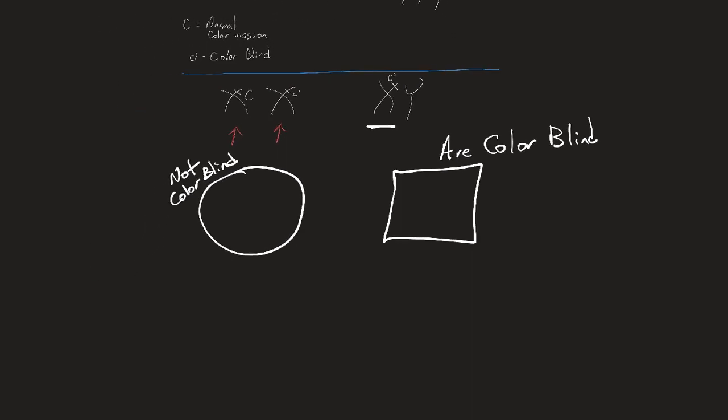So it turns out that on X chromosomes, regardless of dominant or recessive, well, I guess dominant really wouldn't matter, but with recessive traits, you're more likely to get the recessive phenotype for X-linked genes.